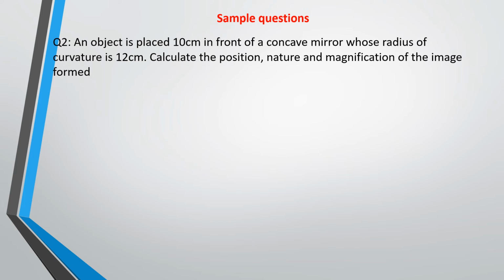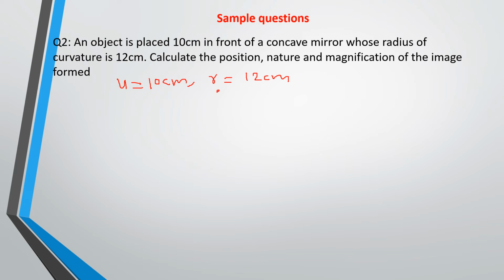This is another question. An object is placed 10 cm in front of a concave mirror whose radius of curvature is 12 cm. Calculate the position, nature, and magnification of the image formed. I think this one is almost like the one we just did, but in this case we are given u equal to 10 centimeters and R equal to 12 centimeters.